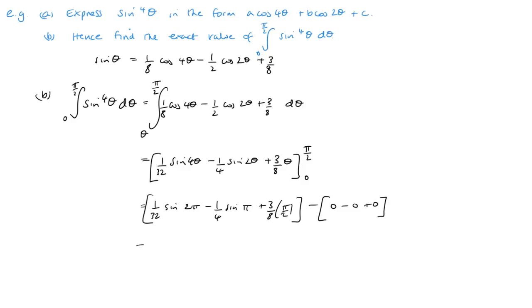Okay, so sine of 2 pi is 0, sine of pi is 0, plus 3 pi by 16. So my final answer is 3 pi by 16. And that's where converting from a power into multiples of an angle can be very useful, like in terms of integrating. It's one option for you.